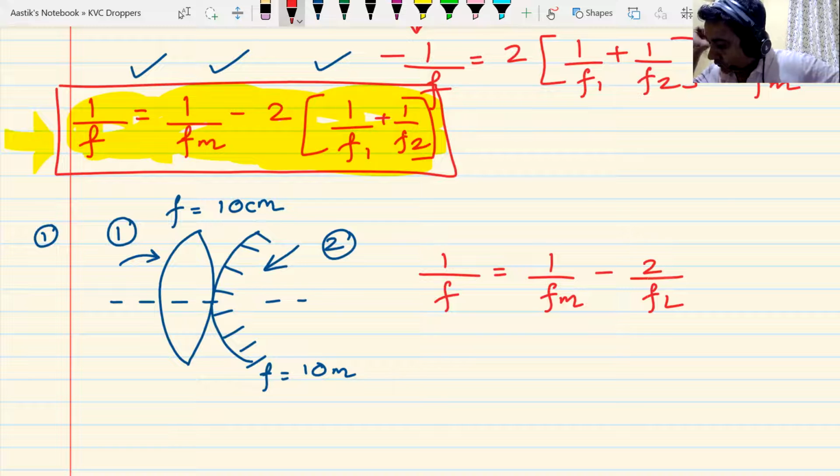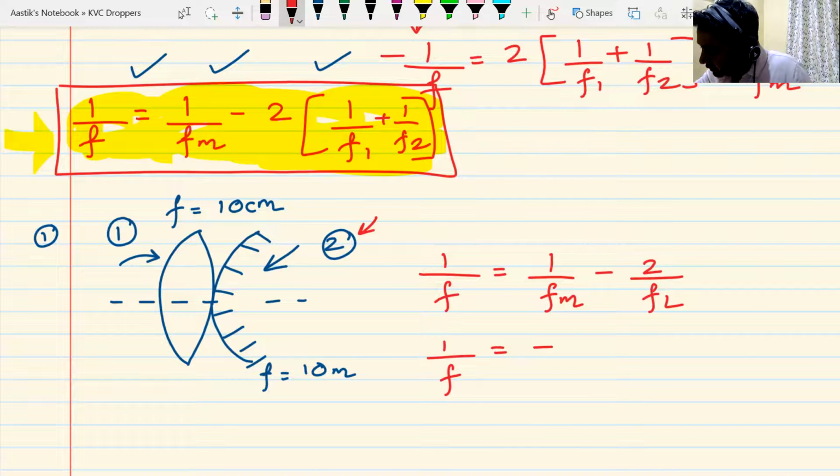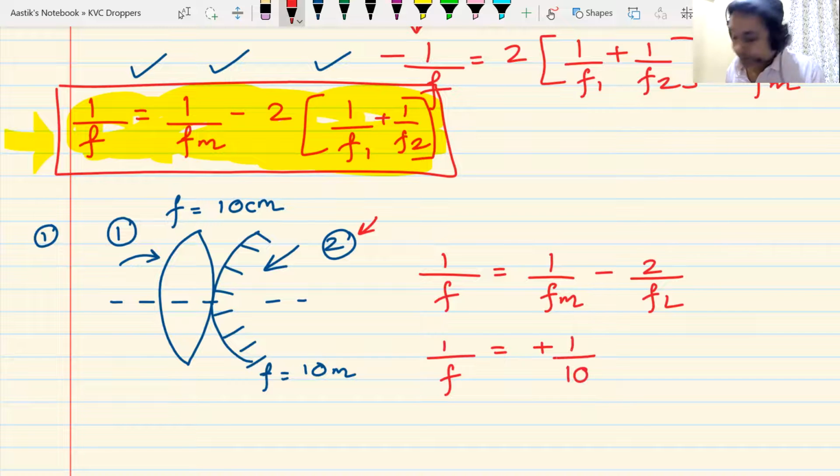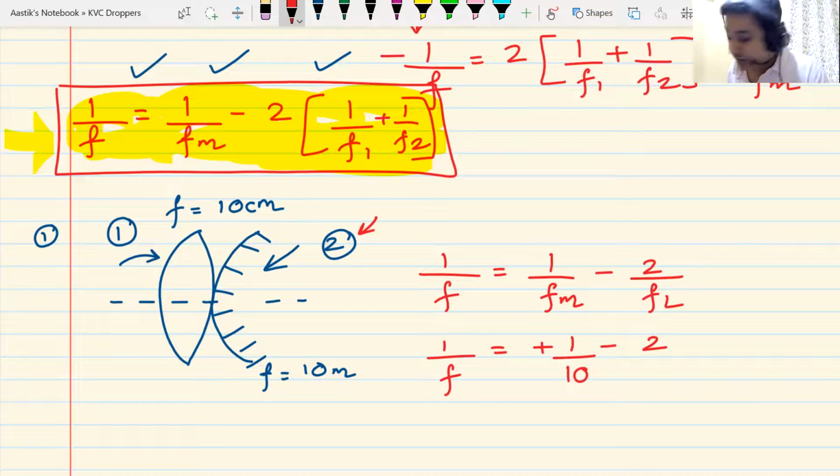Yes, sir. We just put the formula: 1 by f will be equal to 1 by the focal length of the mirror. What type of mirror is this? This is a convex mirror. Yes, sir. The focal length of a convex mirror is positive. Do we remember this? So it will be plus 1 by 10 minus 2 divided by the focal length of the lens.